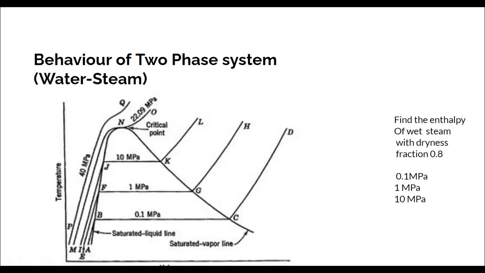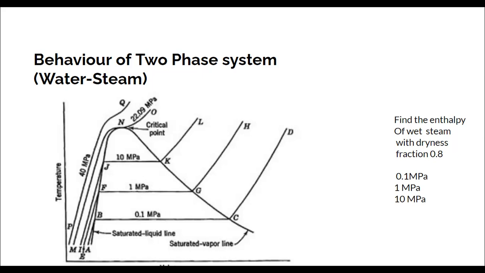So for example, let me show you the values of hf and hfg at the given pressure which we were talking about. As you see over here, this is 0.1 megapascals, and you find that hf and hfg are given. hf is around 418 and hfg is around 2257.